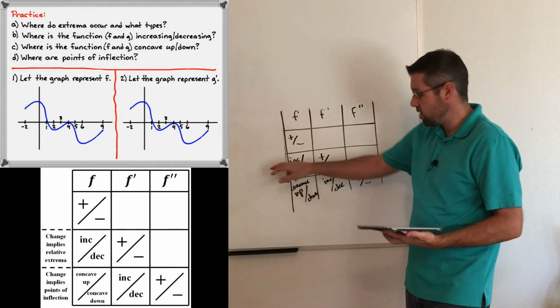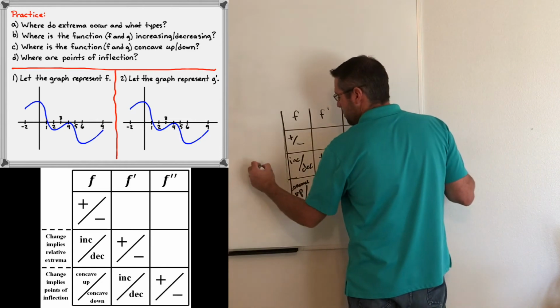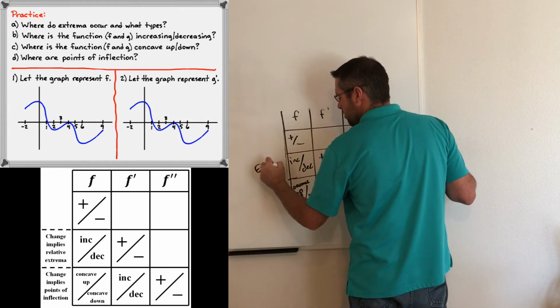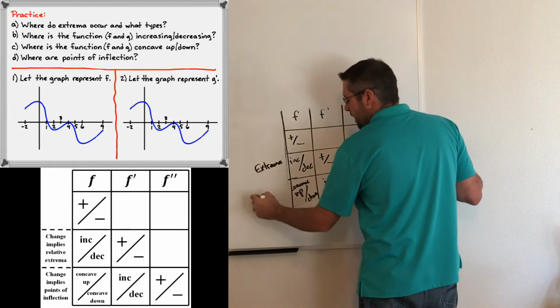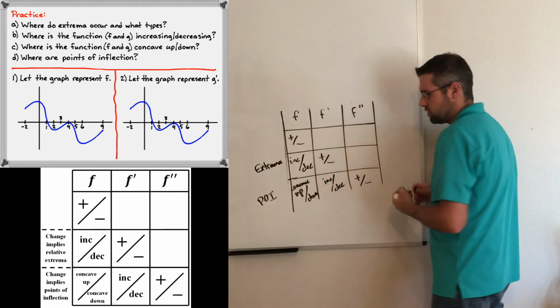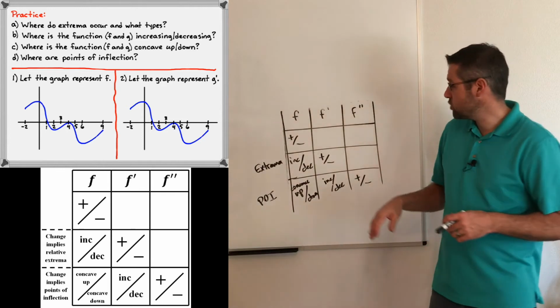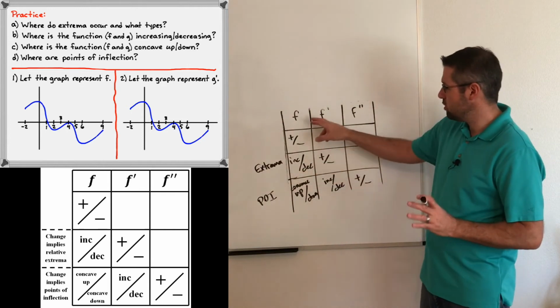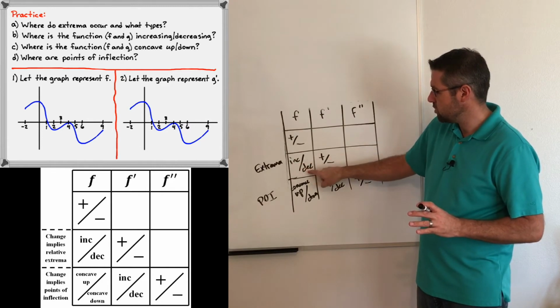Remember, extrema occur when this changes signs, and points of inflection occur when this changes signs. So where do extrema occur? Extrema occur when you observe the graph of f changing from increasing to decreasing or decreasing to increasing.